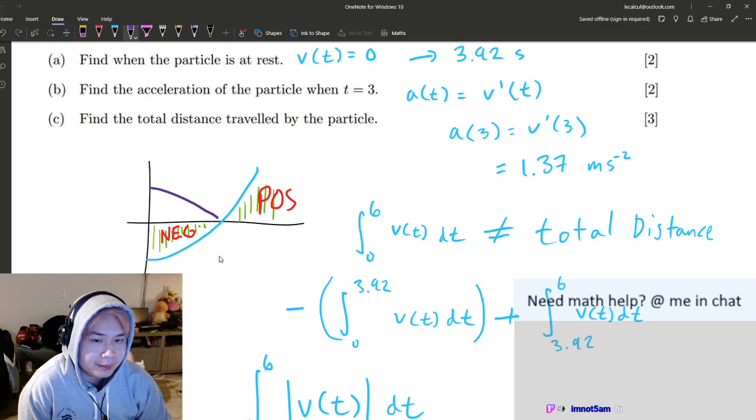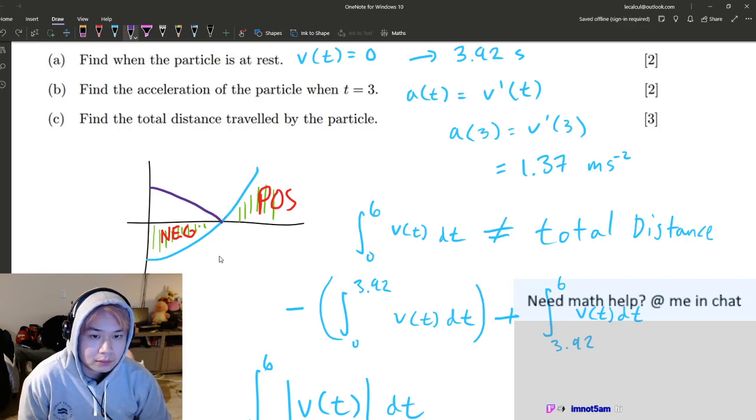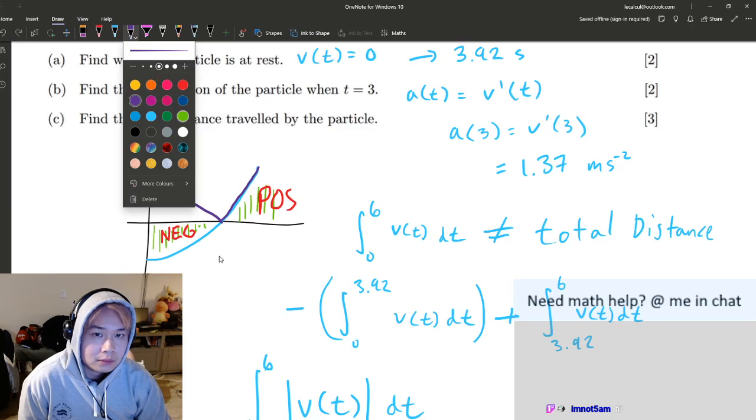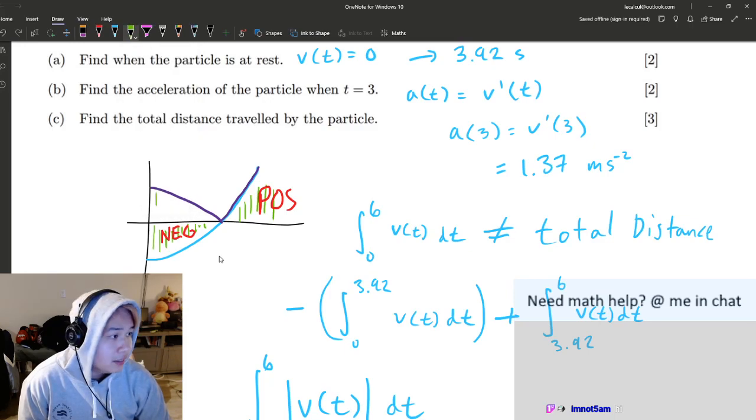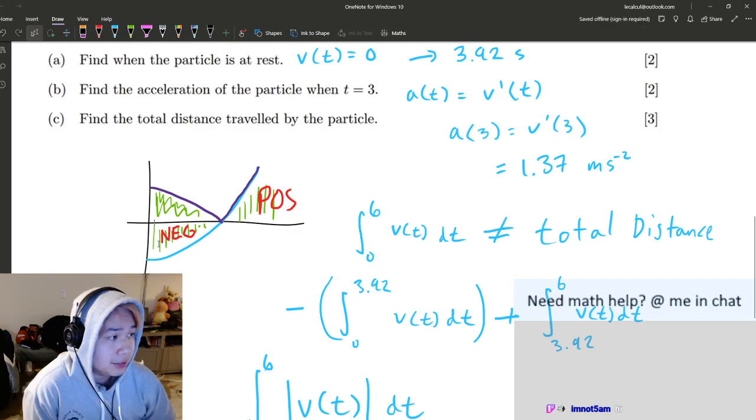So this negative part gets reflected upwards, and then anything that was positive stays positive. And obviously, this area is exactly the same as this area in terms of magnitude. Like if this was 3 meters to the left, this is still 3 meters. Now it's just to the right, I guess, if you wanted to give it a direction.